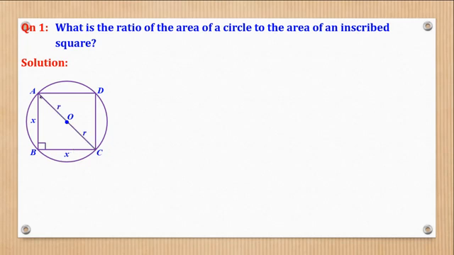The diagonal of that square will pass through the center of the circle. Meaning from here, this is the radius of the circle, which is r. We have got a right-angled triangle where the hypotenuse is 2r.